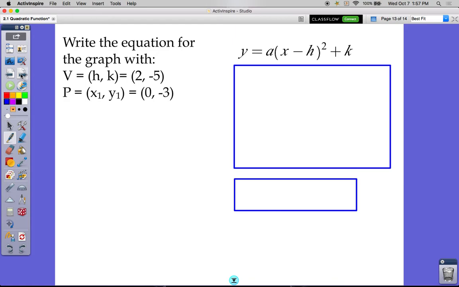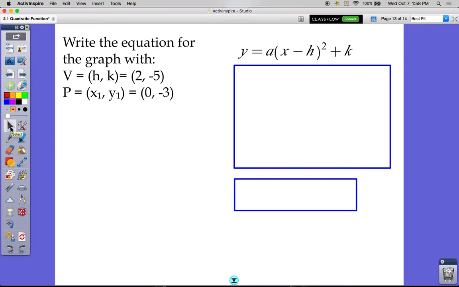If we're looking at our given equation, we have a lot of information already known to us. We have y equals a times parentheses x minus h squared plus k. We know everything we need to know in this situation except for one number. Can you guess what that number is, or which one of those letters is not represented here with a vertex and a point?